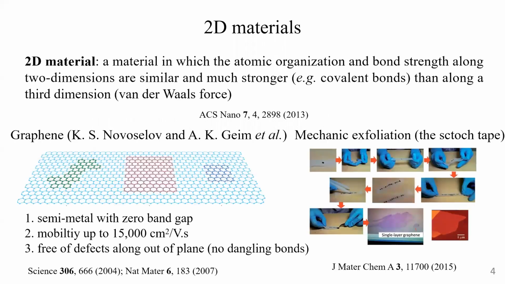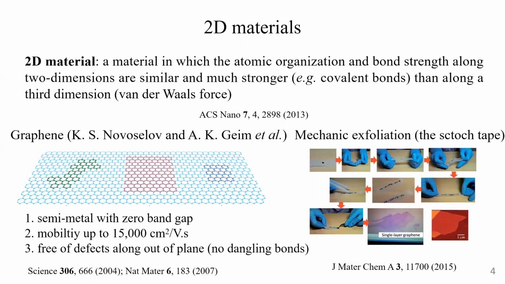A 2D material is a material in which the atomic organization and the bond strengths along 2 dimensions are much stronger than along a 3rd dimension. For example, within the 2 dimensions, the atoms are formed by covalent bonds, but held together by weak van der Waals force in the 3rd direction.